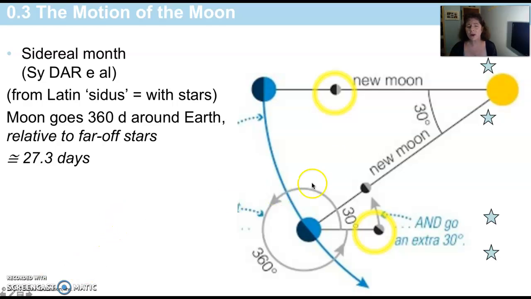So let's start here where you have a new moon that is not visible by the earth. Okay, the start of the revolution of the moon. And over the course of the month, that moon will revolve around the earth and rotate at the same time. And over the course of that month, the earth will also revolve around the sun.